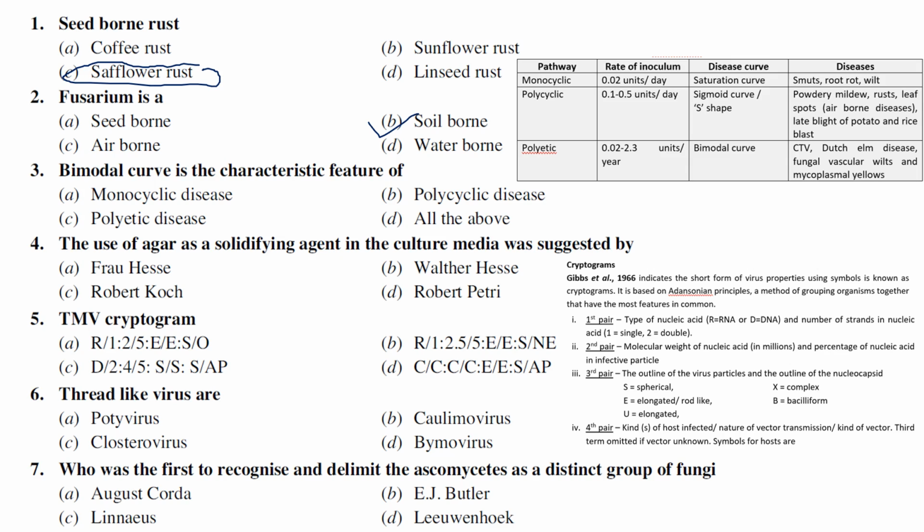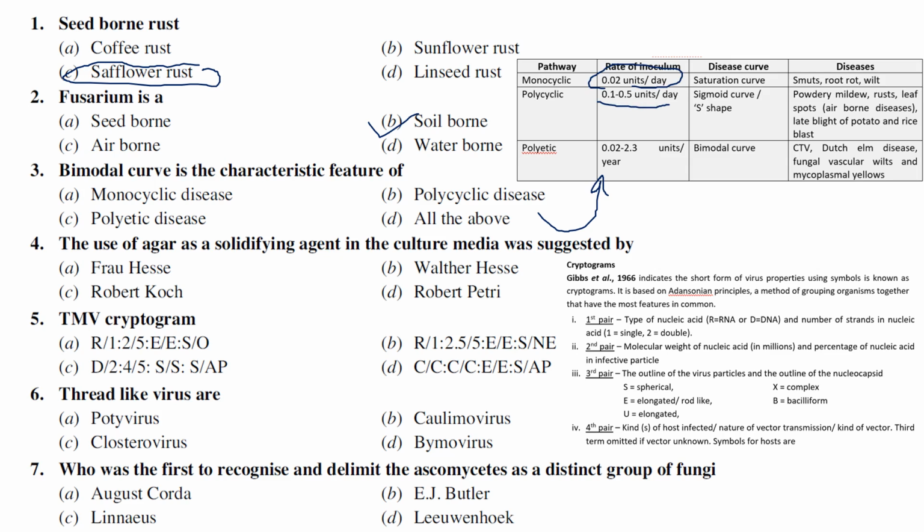The next one is, a bimodal curve is the characteristic feature of monocyclic diseases, polycyclic diseases, polyetic diseases, or all the above. To understand this, I gave a small table here. Monocyclic diseases, the rate of inoculum is 0.02 units per day, whereas polycyclic diseases 0.1 to 0.5 units per day.